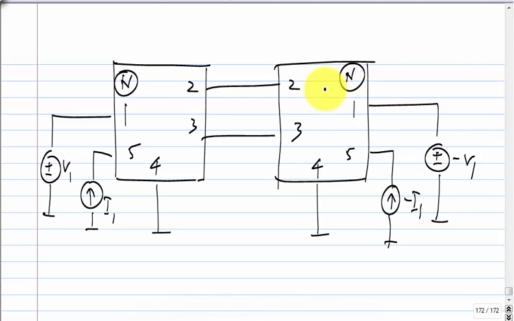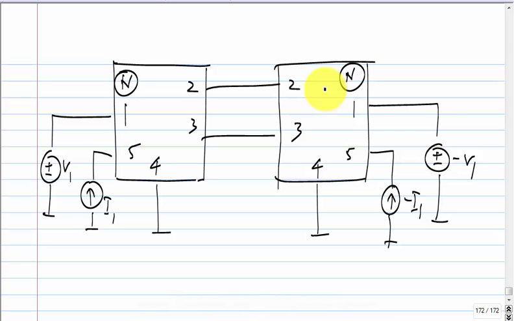So, again you have two identical networks and the corresponding nodes in the identical networks are connected together. Not every corresponding node, but maybe a subset of them. Okay. In this case I have shown two nodes which are connected to each other. Okay. But the excitations are antisymmetric, that is if you have V and I on this side, you have minus V and minus I on the other side.